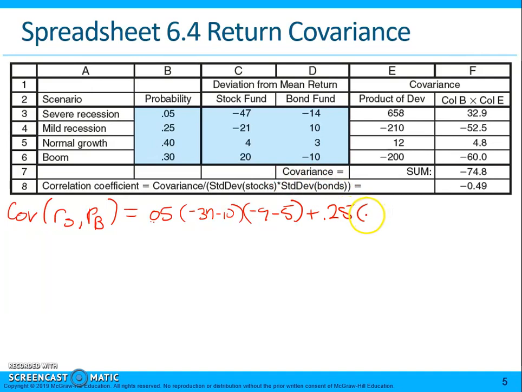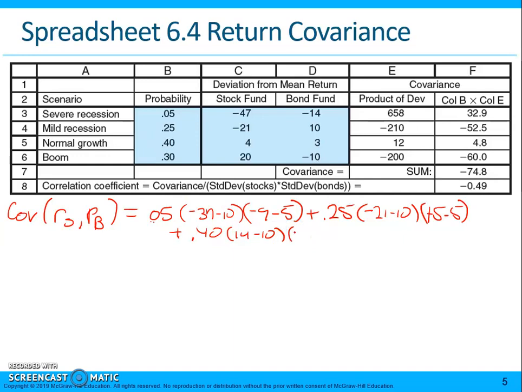We've got minus 21 minus 10 multiplied by 15 minus 5, plus 0.4 multiplied by the 14% minus the 10 for the stock fund and normal growth.